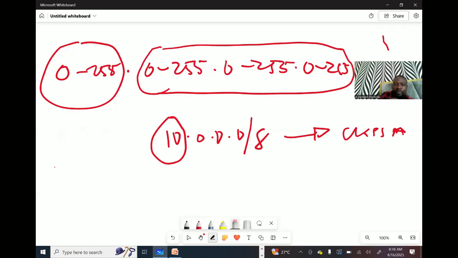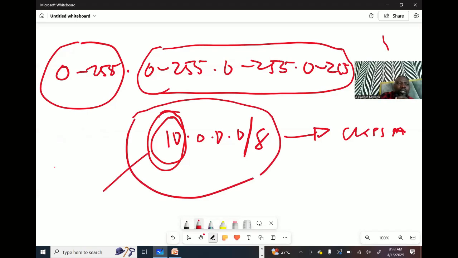And this /8 that is represented there signifies that the first 8 bits are for the network portion. That means any network that carries this address, the first octet will always carry 10.